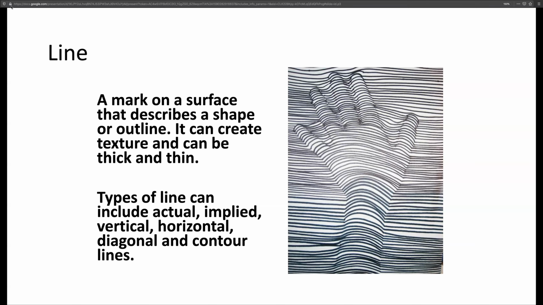All right. So line is really, really simple. It's a mark on a surface that can describe a shape. The thing about a line that's so wonderful is that there are so many different kinds of lines out there. They can be thin, they could be thick, they could be vertical, they could be horizontal, they could be diagonal, they could be dotted, they could be made out of shapes. There's just so many different ways that you can use a line.